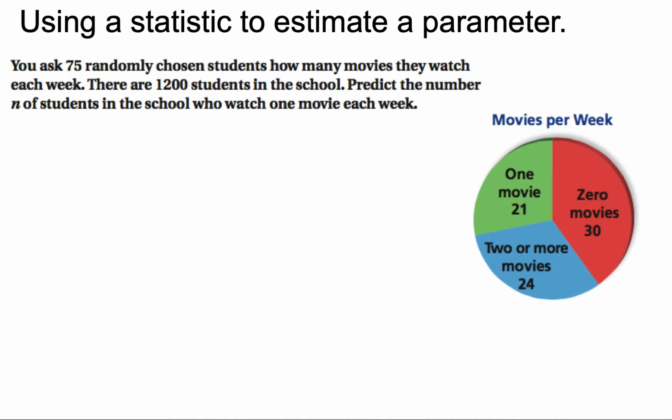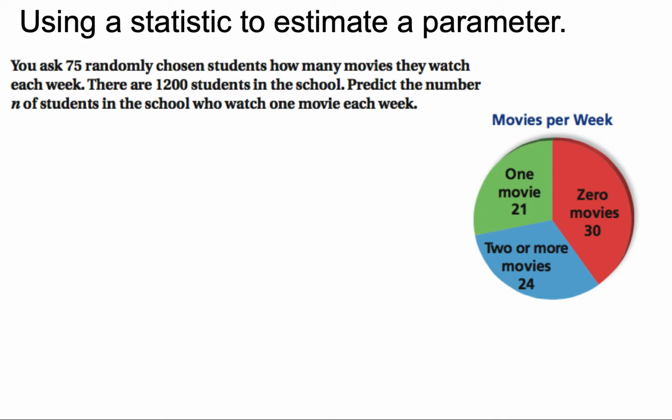So let's take an example where we're going to use a statistic to estimate a parameter. You ask 75 randomly chosen students how many movies they watch each week. There are 1,200 students in the school. Predict the number N of students in the school who watch one movie each week.